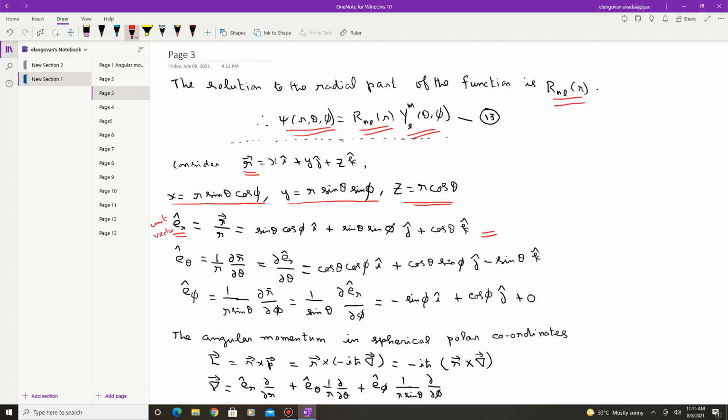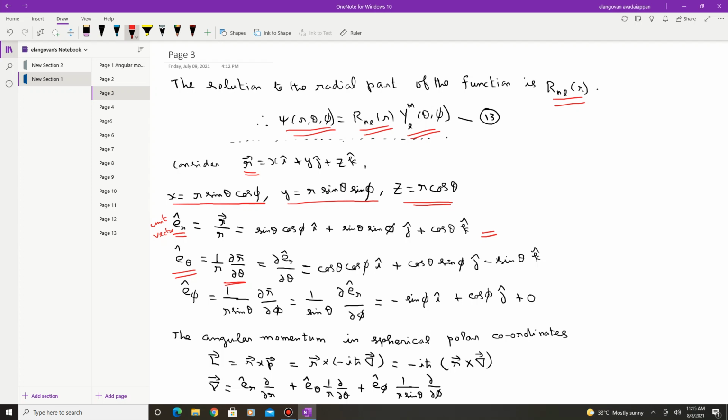Similarly, e suffix theta is the unit vector along the direction of theta. It is defined by e theta vector, which is 1 by r partial dr by d theta. So you know r, and you differentiate with respect to theta, and you will get this expression.